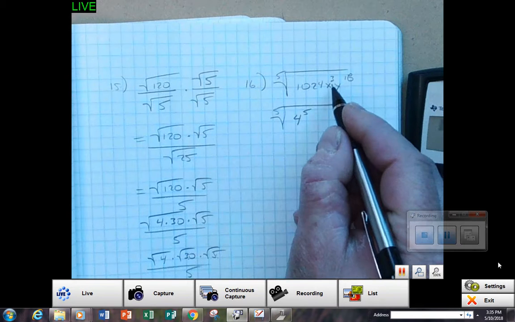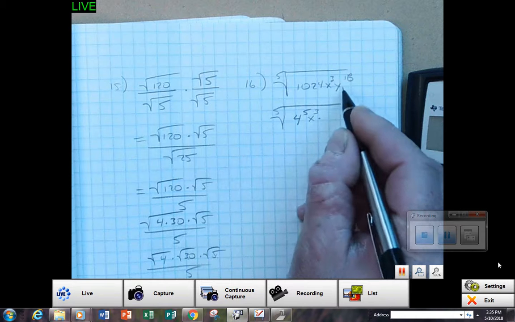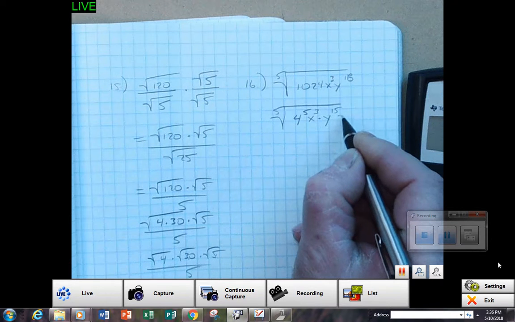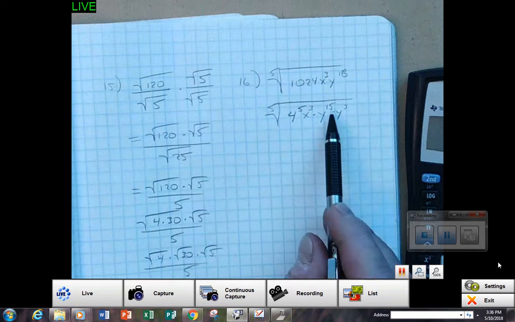Now I leave that x to the third alone. I need to break up this y. So that gives me y to the 15th times y to the 3, because the fifth root is just going to divide right here and give you y to the third.